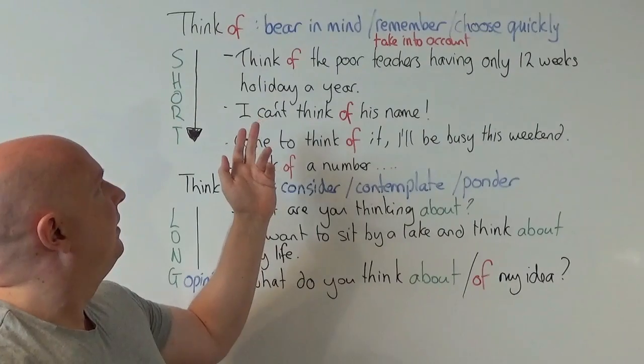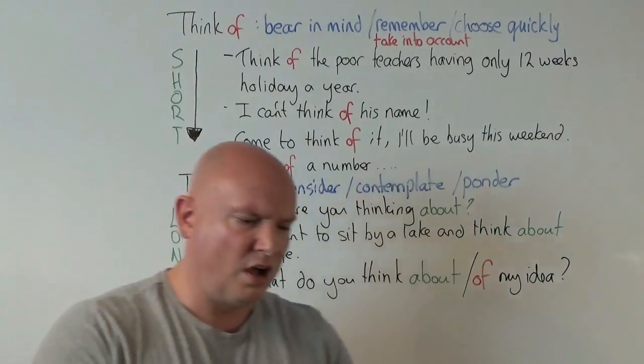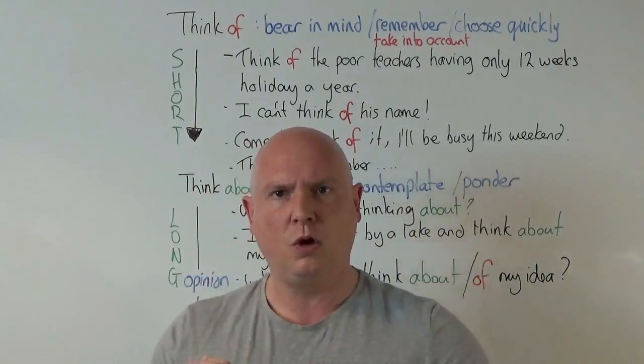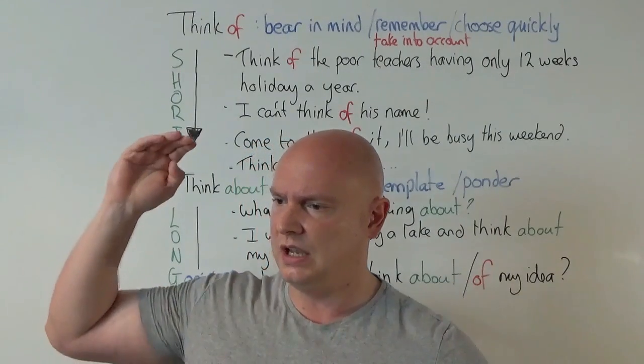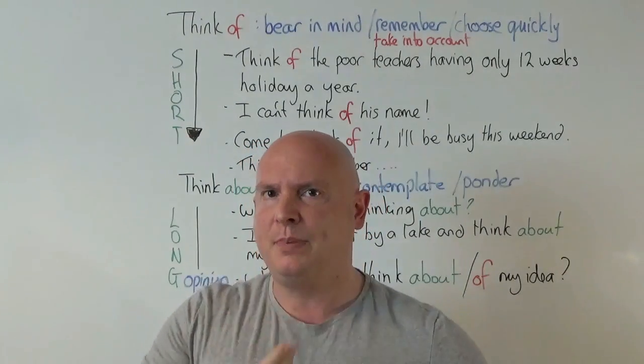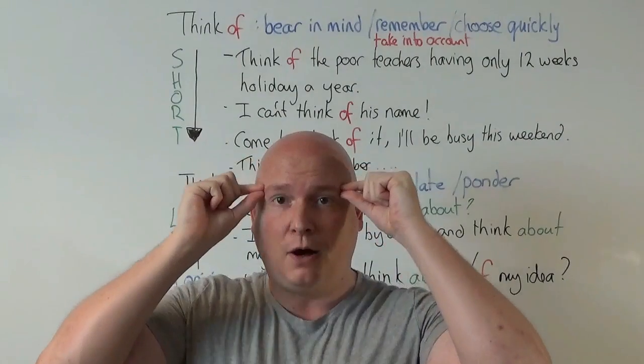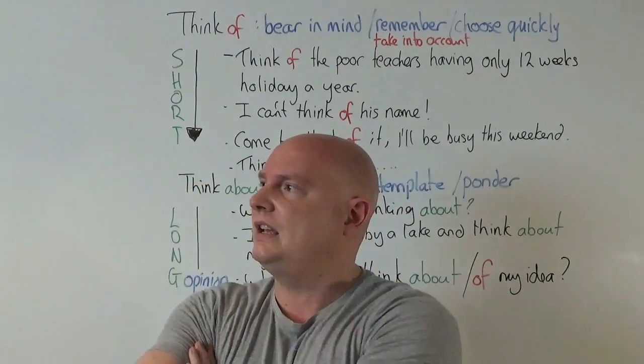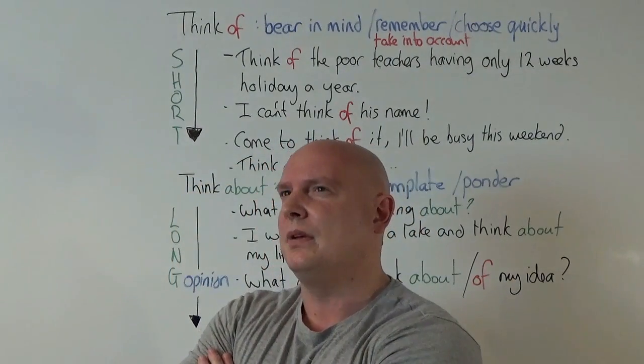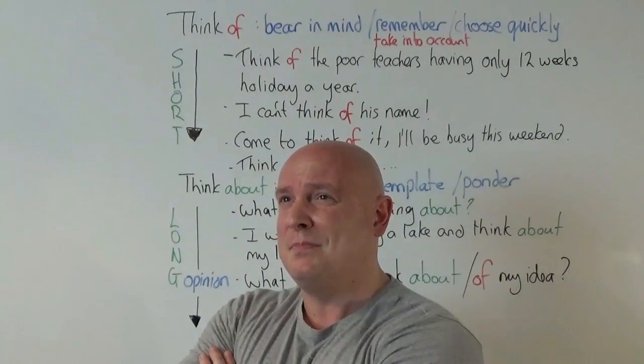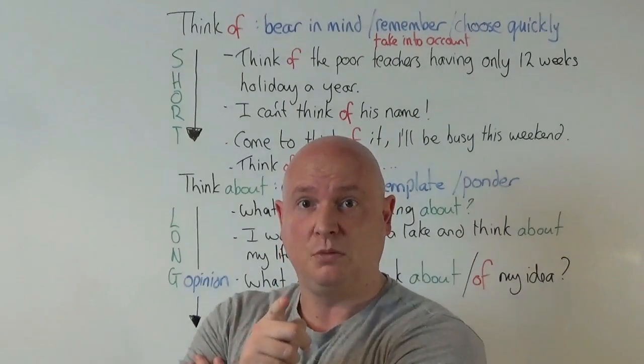Anyway, the next one. I had a student at work once. He was a tall guy, big beard, monobrow, glasses. I can't think of his name. I really can't remember his name. Oh, Sarah, that was it.